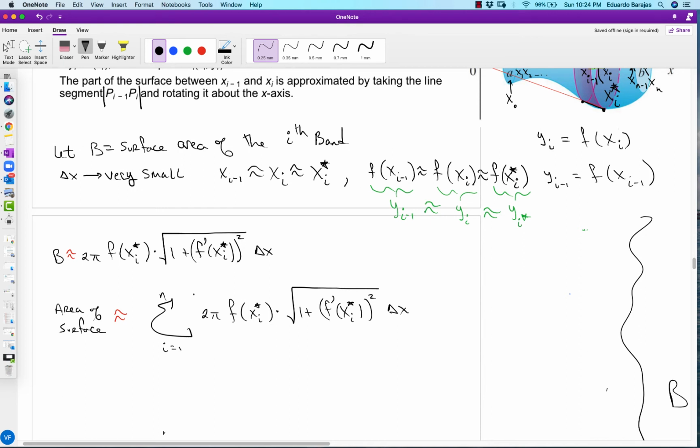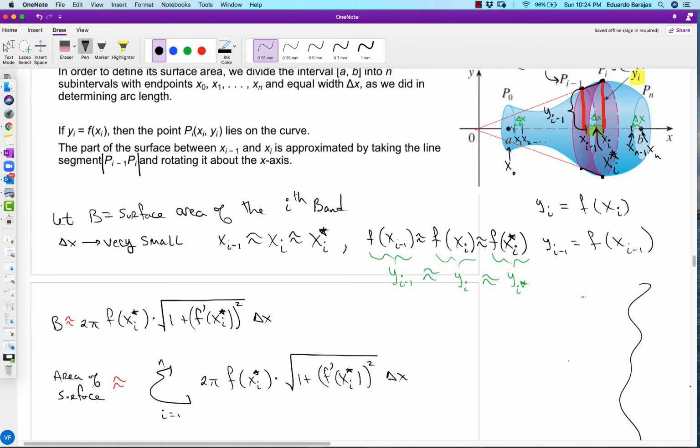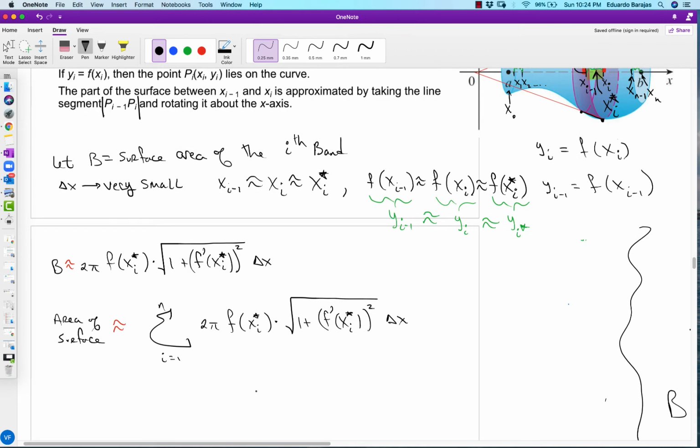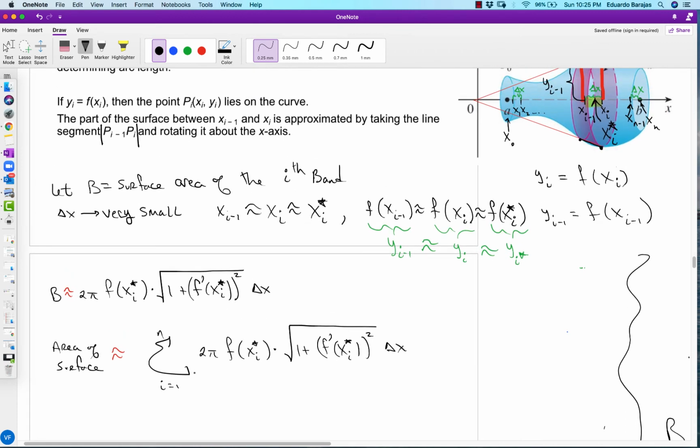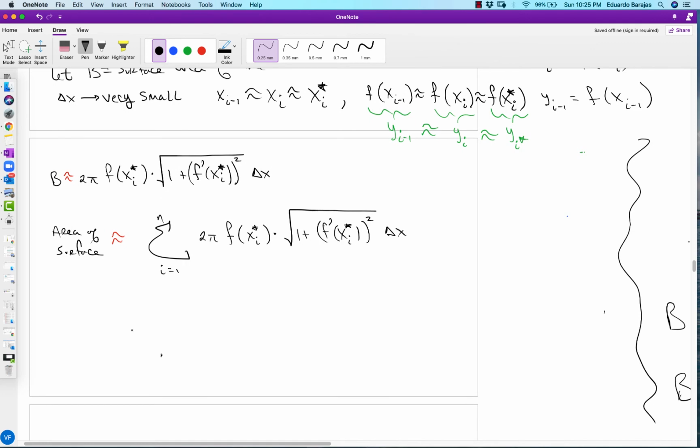Even if it said do it for 6, that seems like it would be kind of a pain to break it up into 6 pieces and then add them together. Luckily, this approximation would get better and better as n goes out to infinity. And as n goes out to infinity, we would no longer have an approximation. At infinity, if it exists, we would have the exact surface area we're interested in.